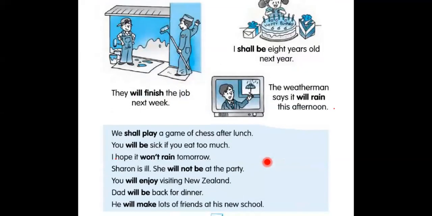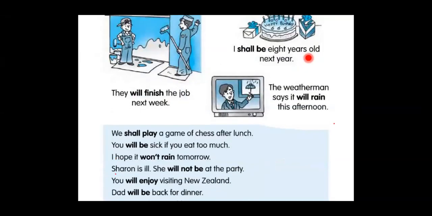Shall is acting as a helping verb and be is the action verb over here. They will finish the job next week. So here will is the helping verb and finish is the action verb, right? Yes?